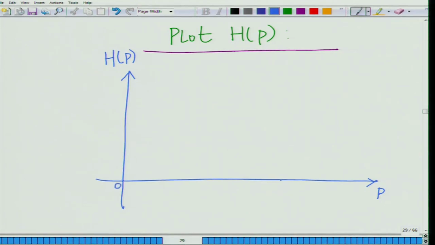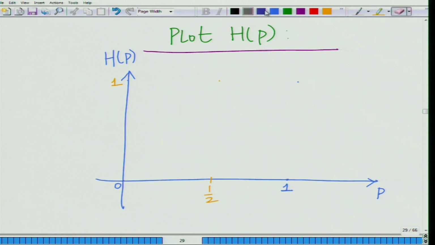So this is p equal to 0, this is p equal to 1, and it reaches its maximum, that is, at half it is equal to 1. So it starts from 0, goes all the way up to 1 at p equal to half.